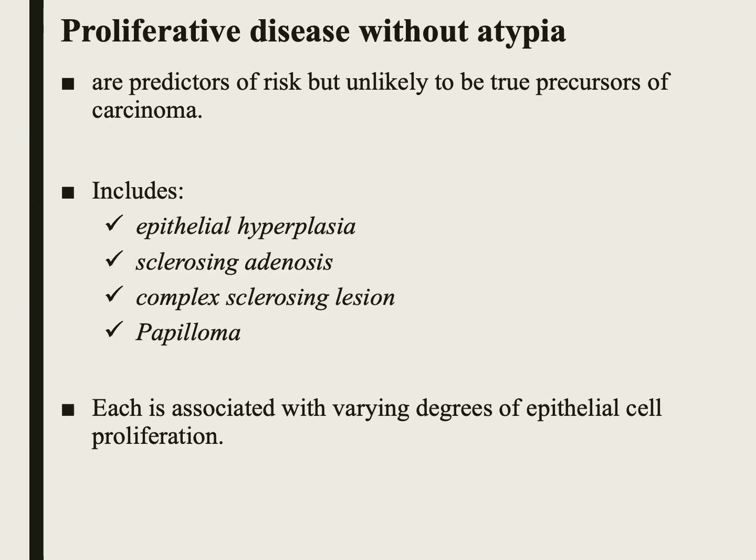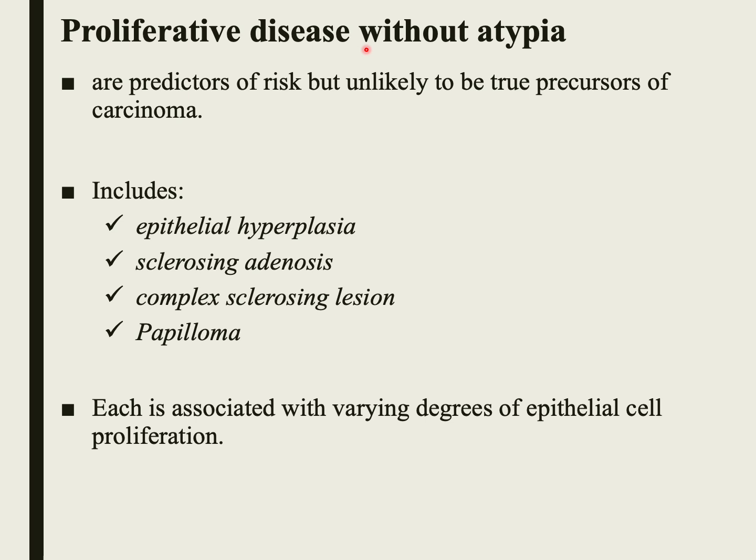The second group in the benign epithelial lesions is called proliferative disease without atypia. So here we have variable degrees of epithelial proliferation, including the luminal cells and the myoepithelial cells, but they do not show cellular atypia. Those lesions are commonly detected as mammographic densities or calcifications, or even incidentally when you investigate for another lesion.